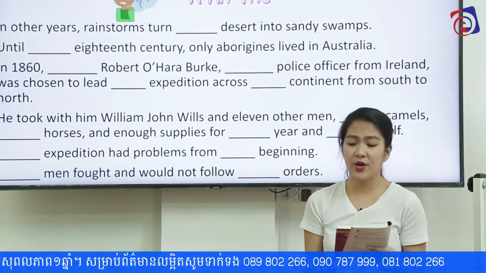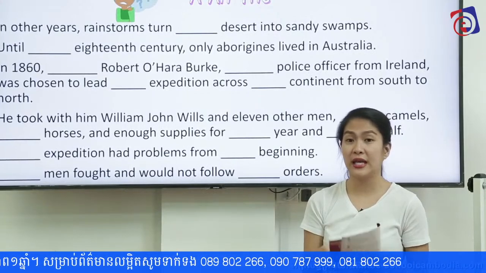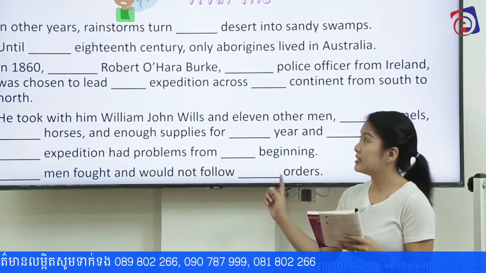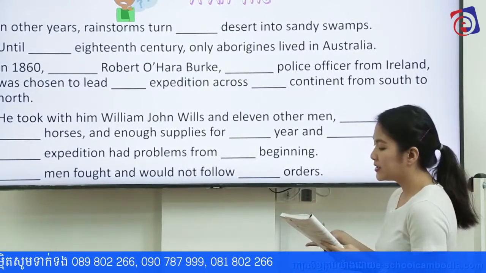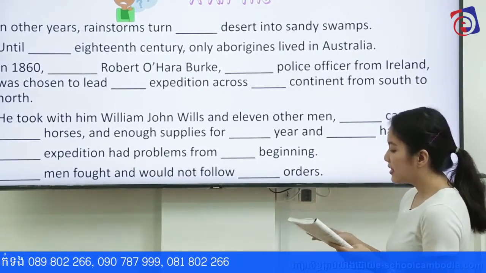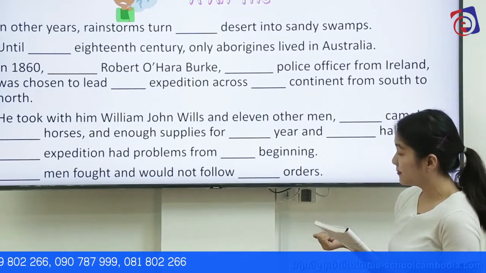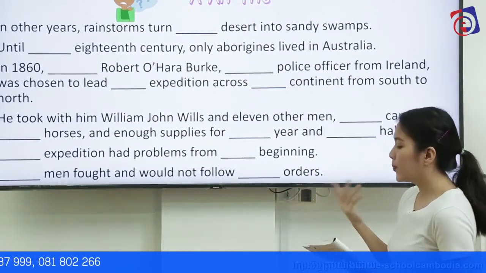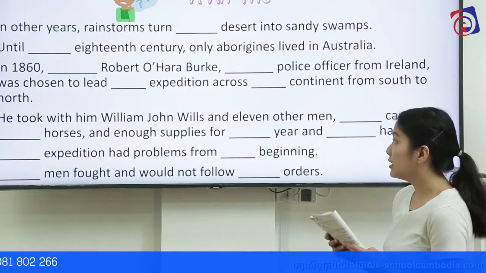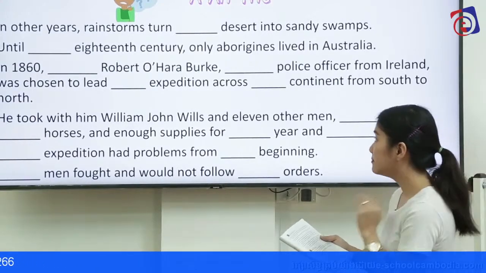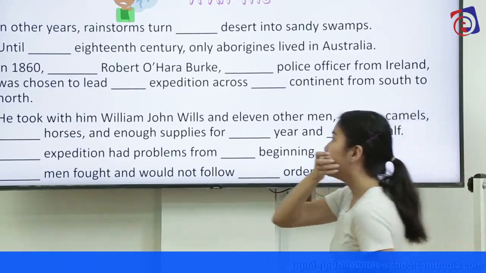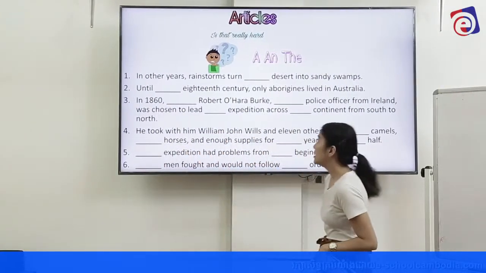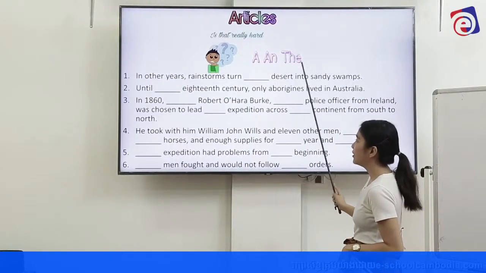However, you will learn a few of the rules later in this book. So, here are some sentences or parts of sentences from the article. Then we're going to put an article in the blank. Okay? So, in number 1, we're only going to use a, an, and the.